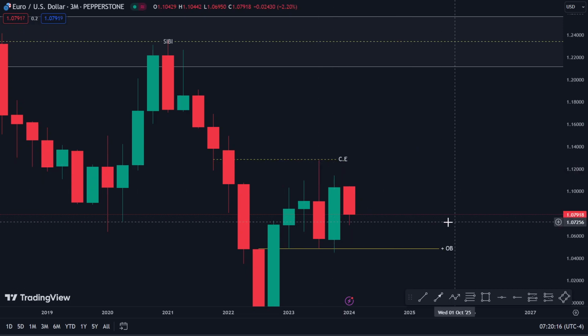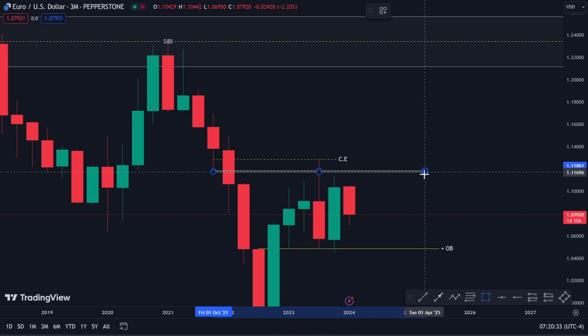Although it slightly fell short of the consequent encroachment of this candlestick here, right below this candlestick, between the low of this candlestick and the high of this candlestick, we have our fair value gap.